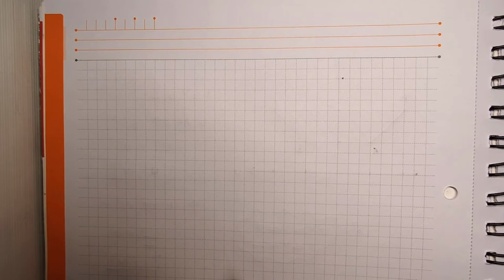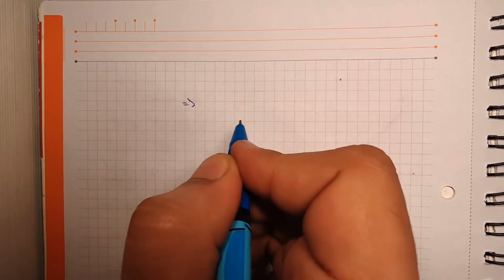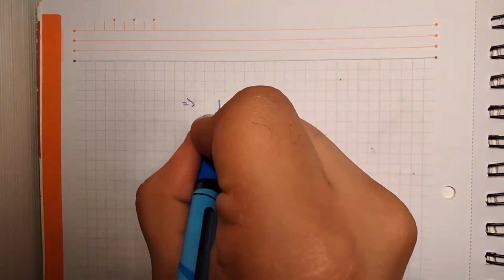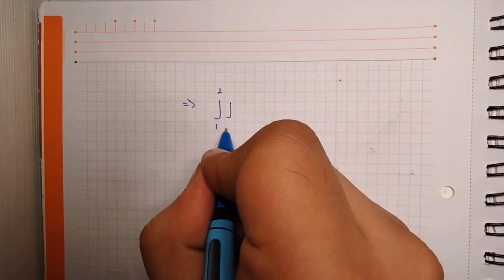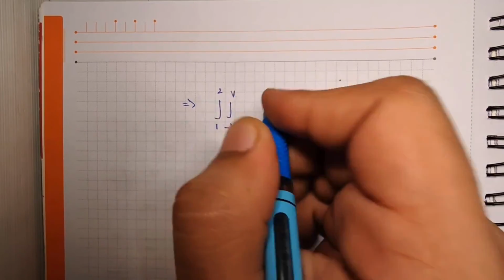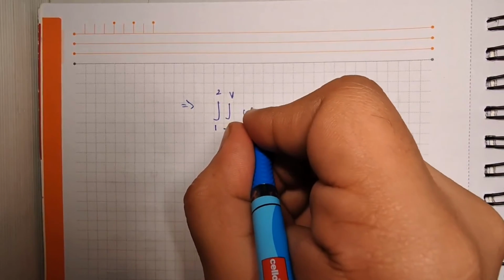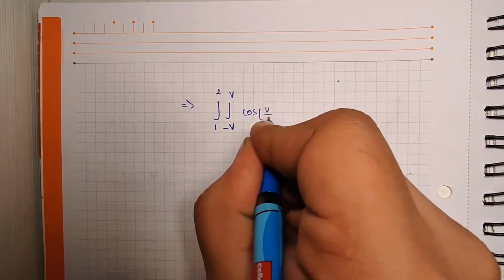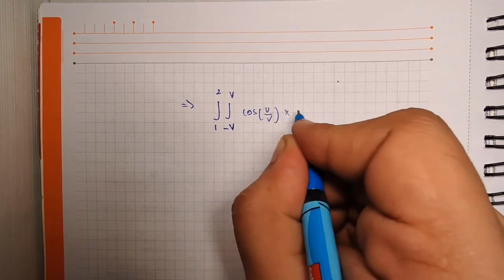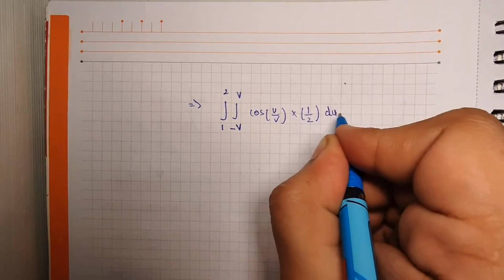Now we will simply substitute the values, which gives the integral from 1 to 2, integral from minus v to v, of cos(u/v) into the Jacobian, which was 1 upon 2, du dv.